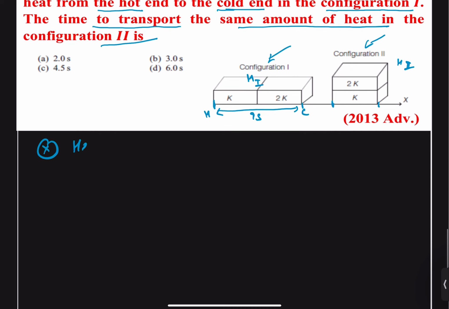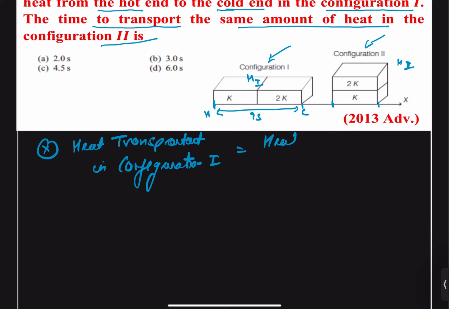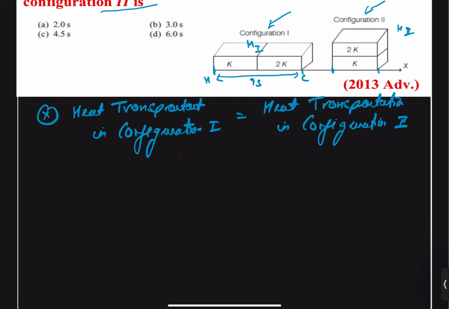So we say heat transported in configuration 1 is equal to heat transported in configuration 2, or we can write that H of configuration 1 will be equal to H of configuration 2.